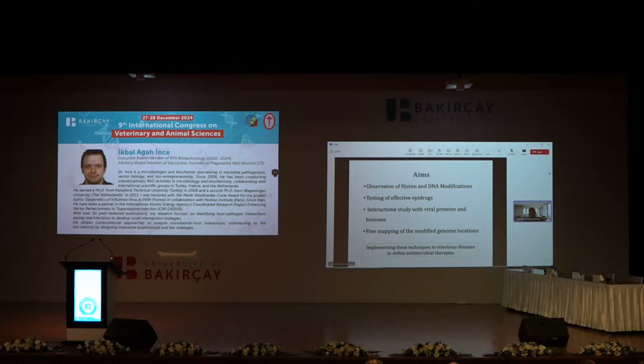The second aim was testing effective epidrugs, because all these epigenetic drugs developed for cancer therapy or immunotherapy are a good target to test if we can see their effect on the genome. So this was also an aim.